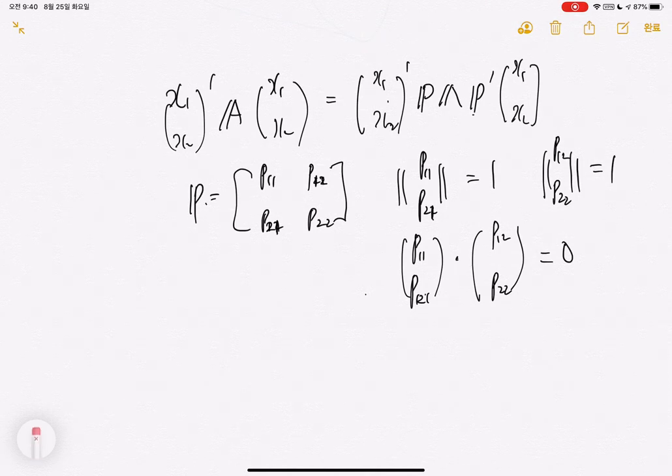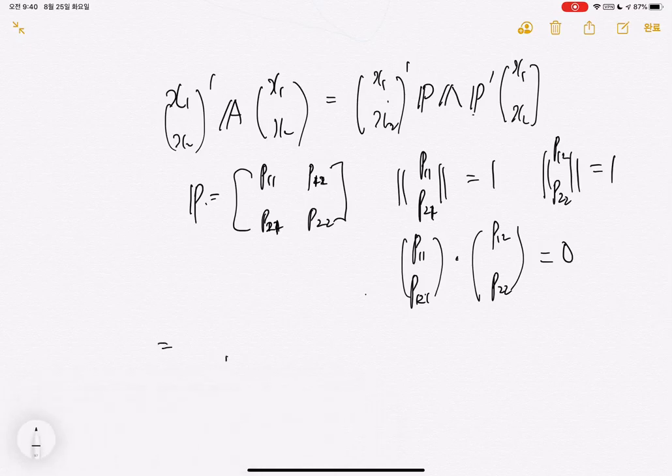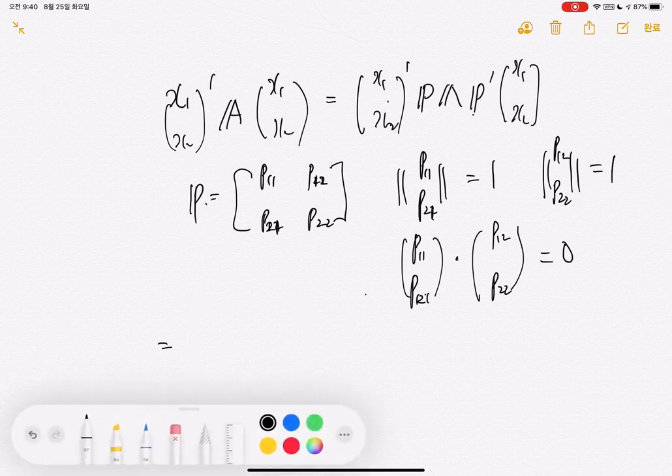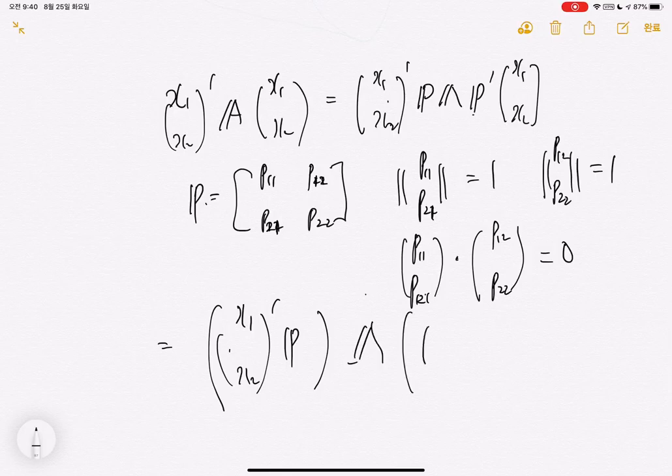So this matrix becomes, let's do this operation first. x1, x2 prime P lambda P prime x1, x2.